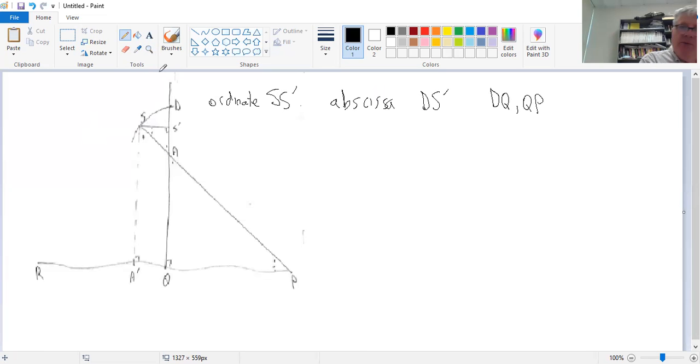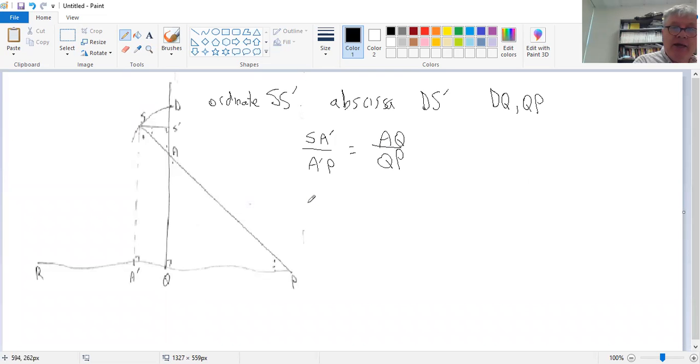Okay, so we have similar triangles, and we see that SA prime on A prime P is going to be the same as AQ on QP. Okay, so that's what we've got to work with.